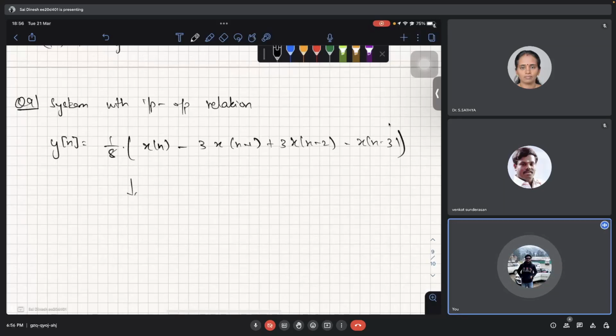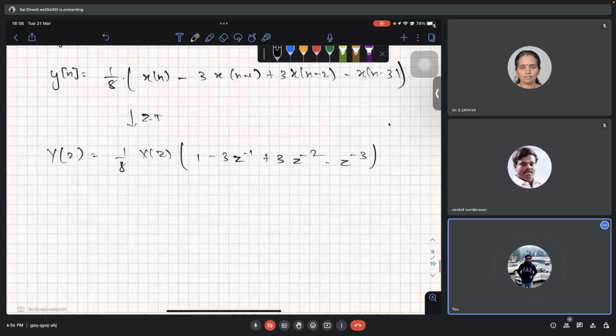So if we do z transform, what we have, y of z is equal to 1 by 8, let's say x of z common, so 1 minus 3 z inverse plus 3 z power minus 2 minus z power minus 3.